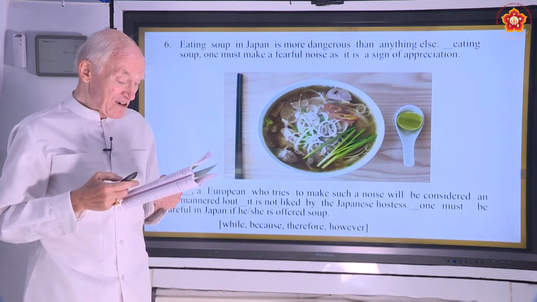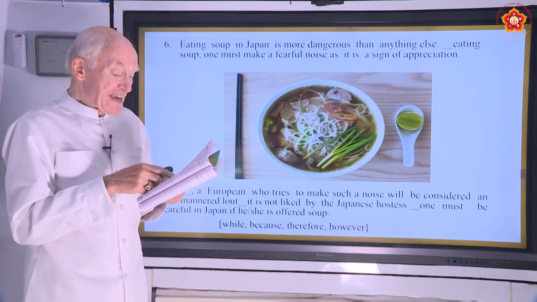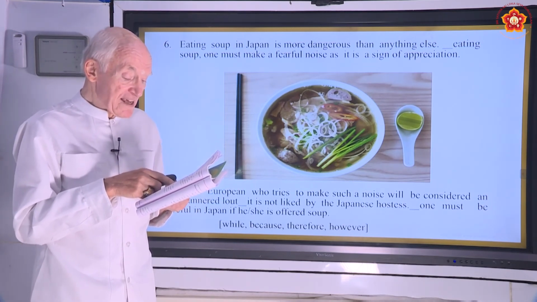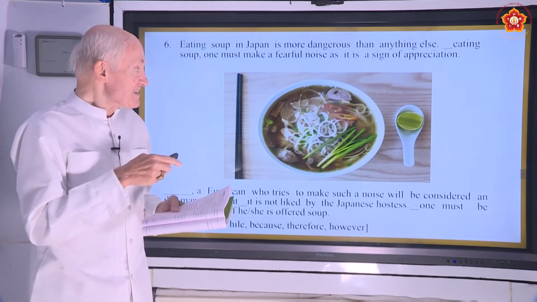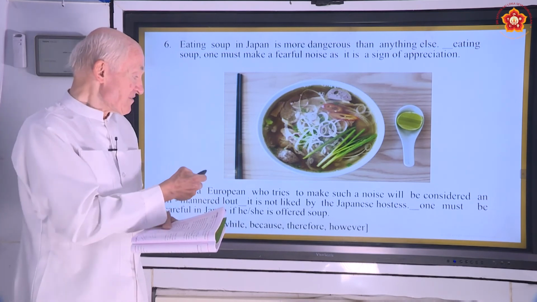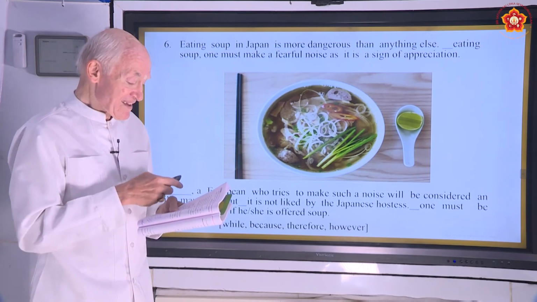Let's go back to our paragraph. As it is a sign of appreciation. A European who tries to make such a noise will be considered an ill-mannered lout. So, before "a European," okay, we have to fit in one of these words: however, therefore, because.